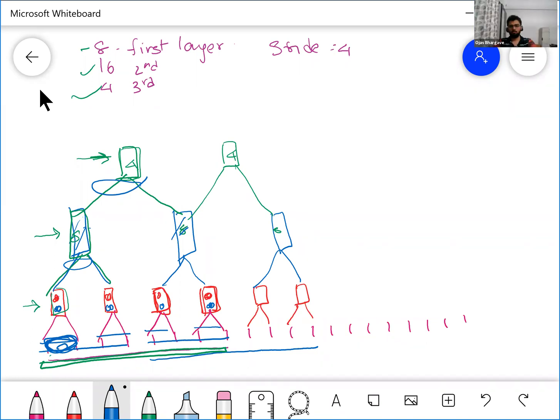Why are they identical? Because we are sharing parameters. Look at the picture to the left. The first 3 neurons are the same as the next 3 neurons, right? Which are the same as the next 3 neurons.